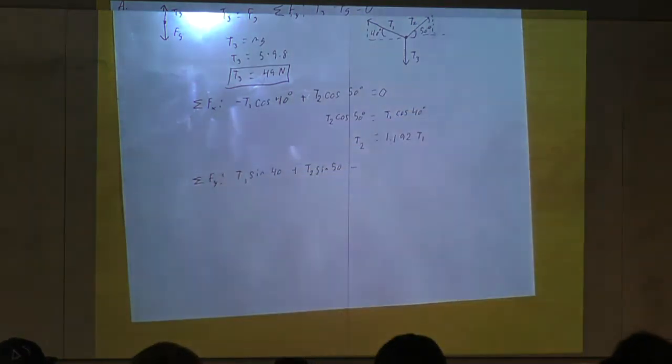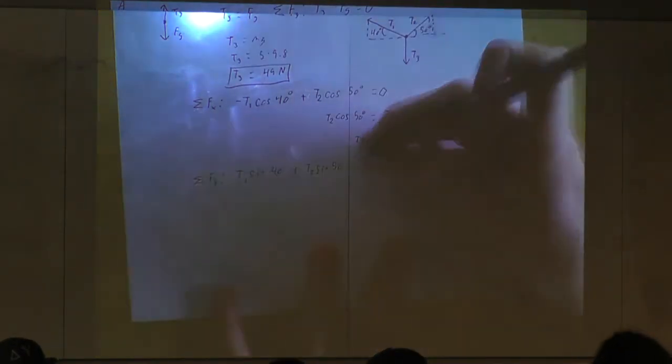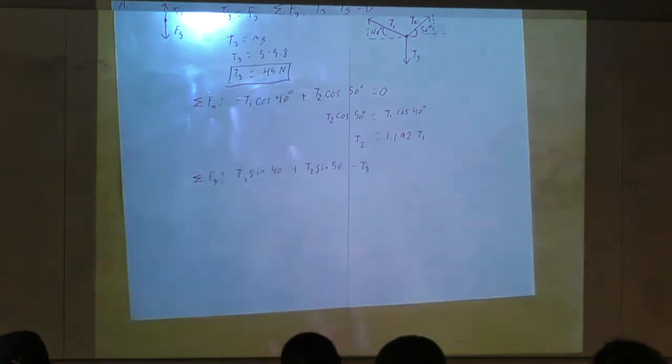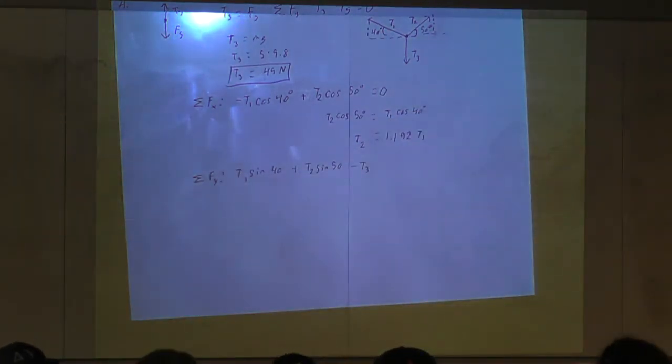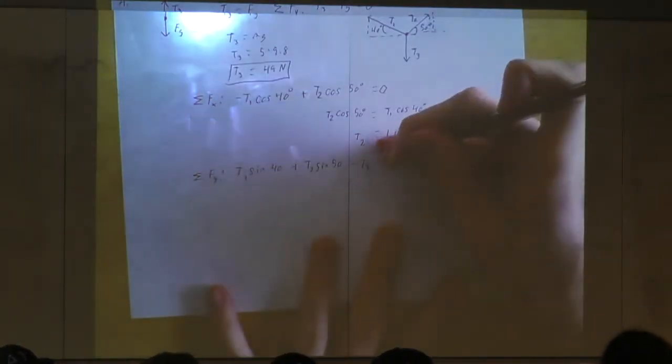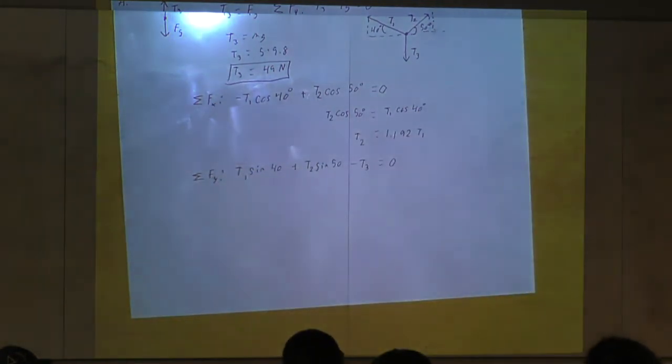And then we also have T3 pulling downwards on the point. Since it's going straight down, the component comes out to be the full tension. And then once again, we know it equals 0.